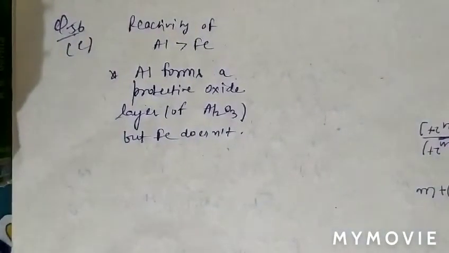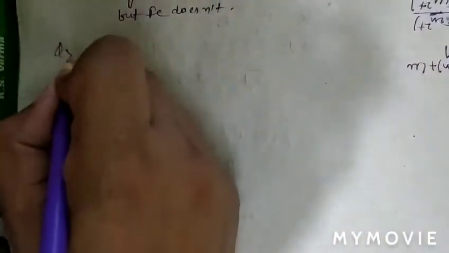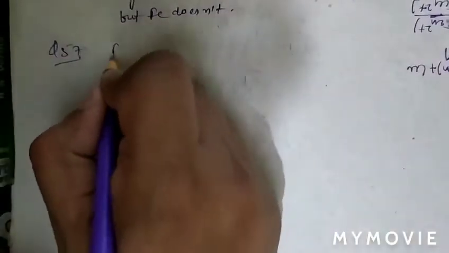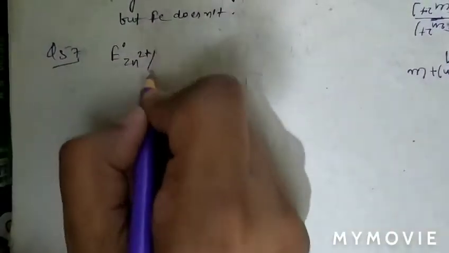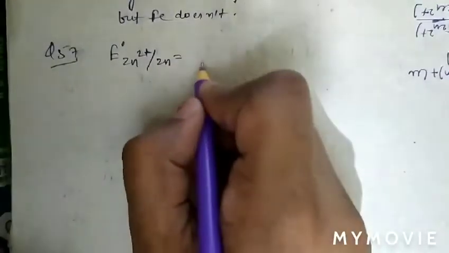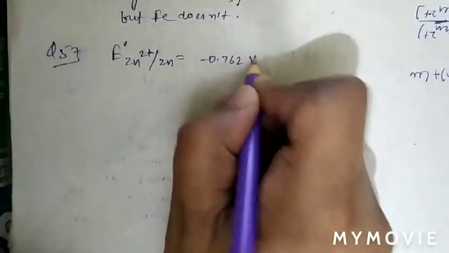See question number 57. In question number 57, four values of reduction potential are given. E0 for Zn2+ changing into Zn is given as minus 0.762 volt. Which is the strongest reducing agent?